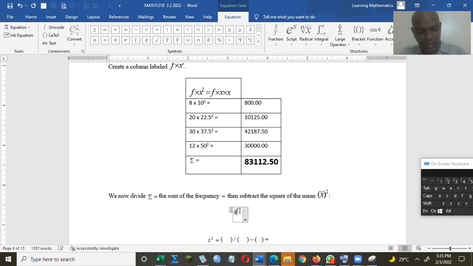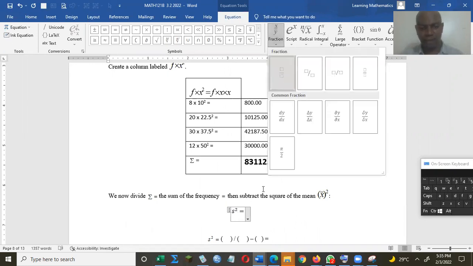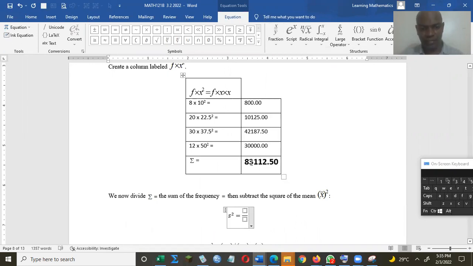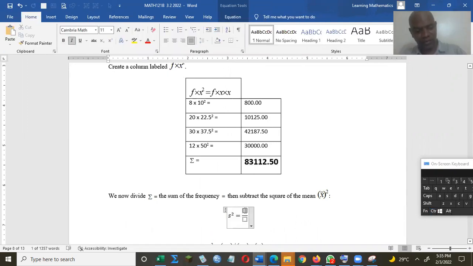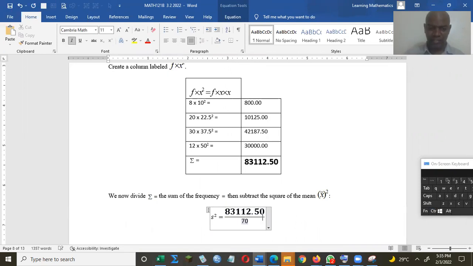Variance is equal to the sum of fx squared. We found the fx squared first, and then we find the sum thereof, divided by the sum of f, which is 70, subtract the mean squared. The mean is 42.21. That's it.